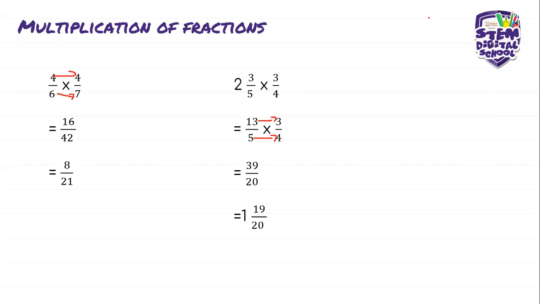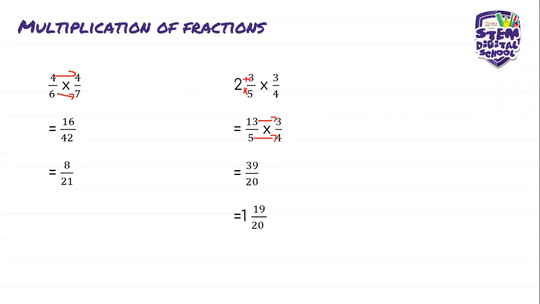Okay. Do you know how to convert the mixed into an improper fraction? No, sir. Okay. So when we are changing a mixed number to an improper fraction, we multiply the 2 times 5 and then we add with the top. So multiply with the bottom, add with the top.